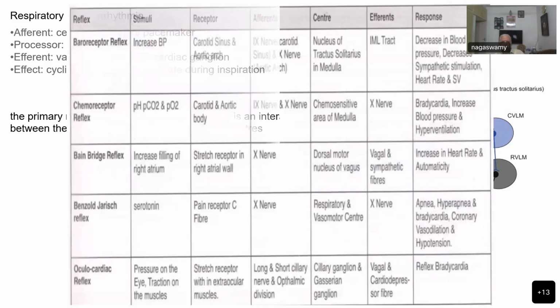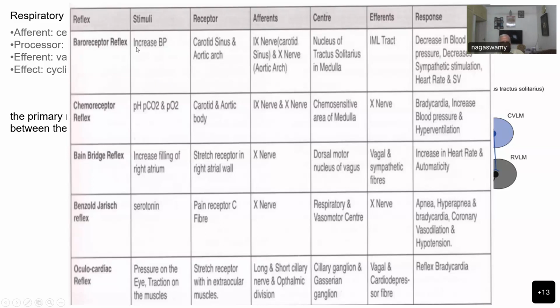And the last picture that I wanted to show you, you can just describe these five reflexes. This is baroreceptor, chemoreceptor, Bainbridge, Bezold-Jarisch, oculocardiac. These five reflexes are mostly useful to us as anesthesiologists, whereas the respiratory and vasovagal we don't come across very commonly.